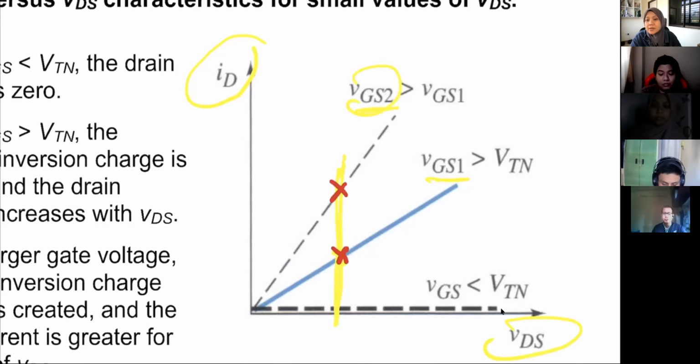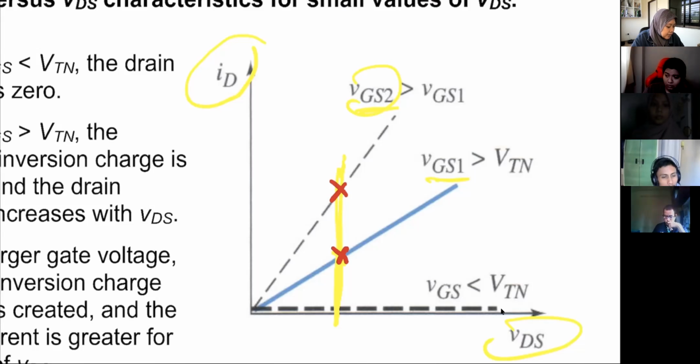As you increase the VGS, the current also increases because it makes the inversion channel bigger. Like when you drive a car, from 1 lane to 3 lanes, it's easier. Also, the number of free carriers inside the inversion channel is increased, so you can get more current. So there are 2 ways to increase the current. Number one, increase the drain voltage. Number 2, play with the gate voltage.